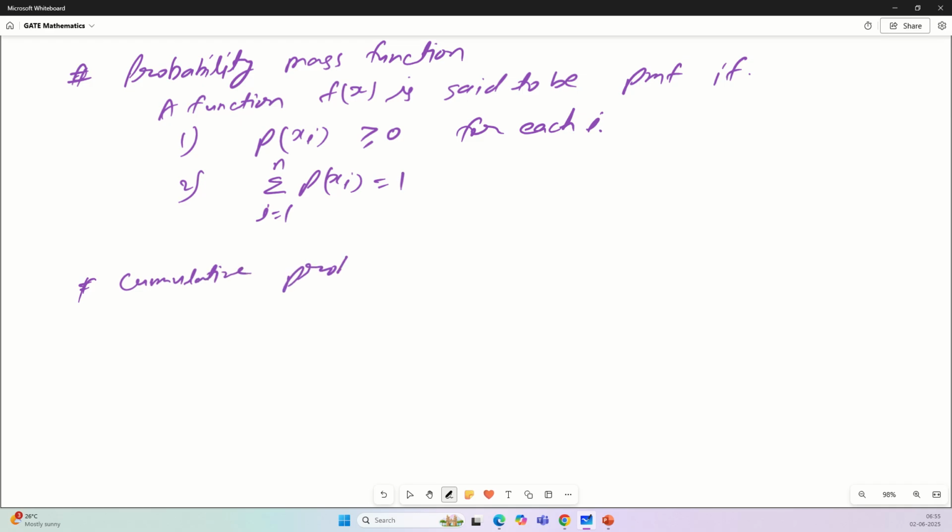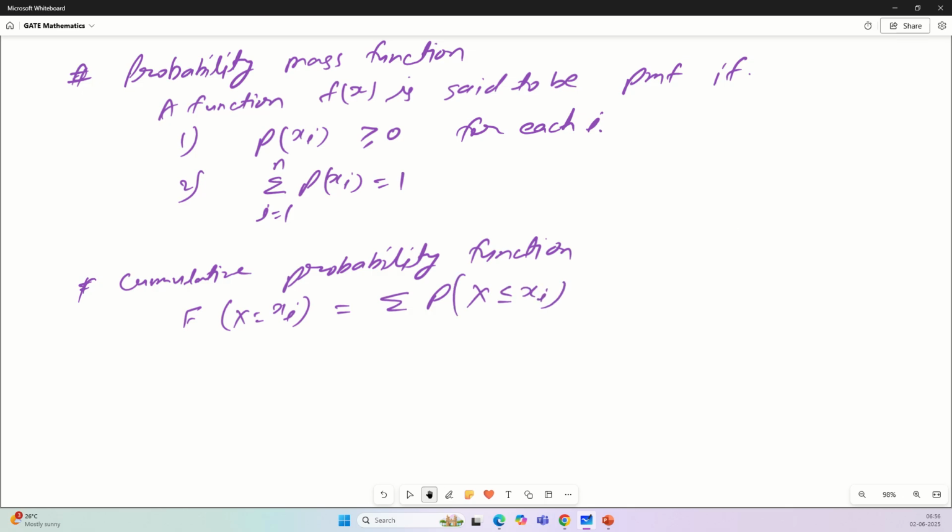What it says is, it is represented by capital F. So capital F of x equal to x i is basically equal to summation of all the probabilities having random variable which is less than or equal to x i. So up to x i you have to take all the probability summation.